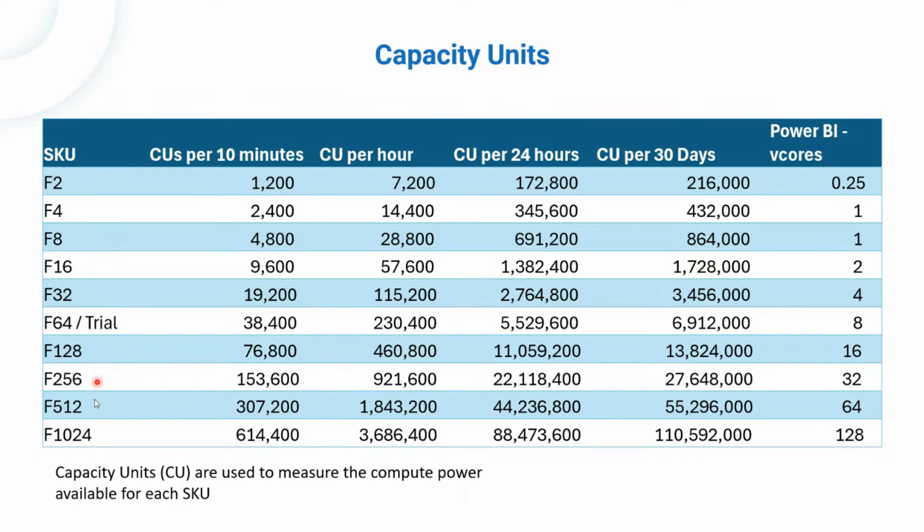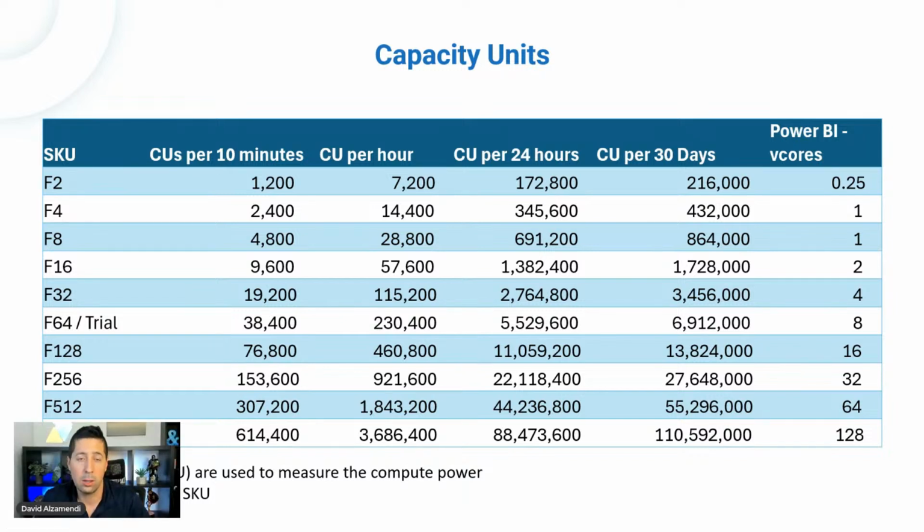And it is important to understand the number of capacity units that you will get in different periods of time, because you can run out of resources in Microsoft Fabric. So things can stop working. And this is something that you have to remember.